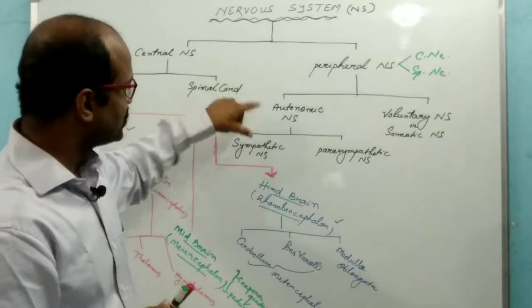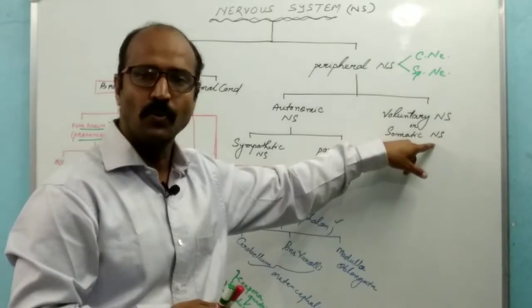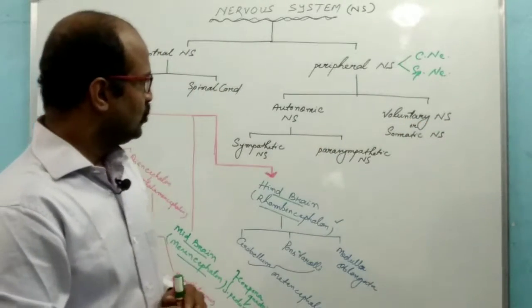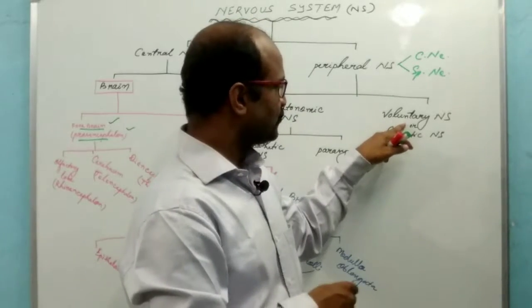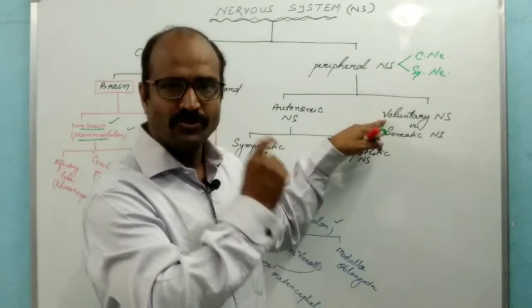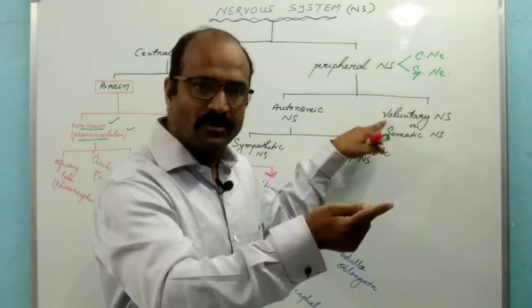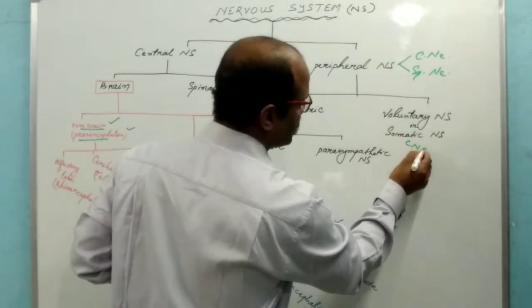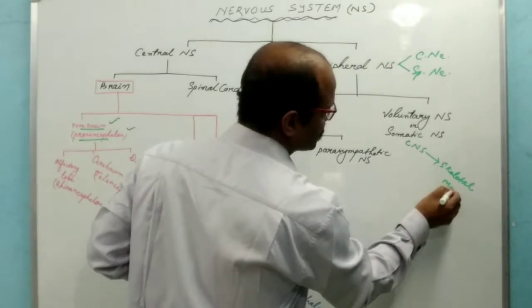One is the autonomic nervous system or the neural system. Another is the somatic nervous system or the neural system, which is also known as the voluntary nervous system. The somatic nervous system or the voluntary nervous system means here the efferent neurons, those neurons which convey the motor impulse from the central nervous system to skeletal muscles.